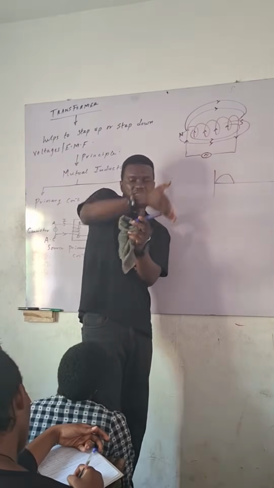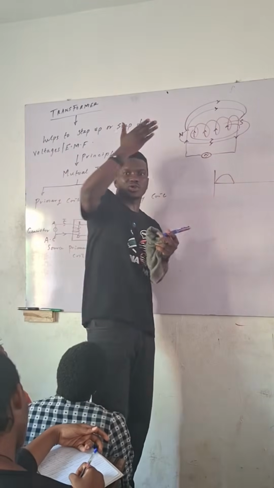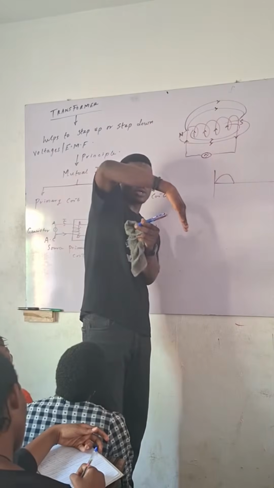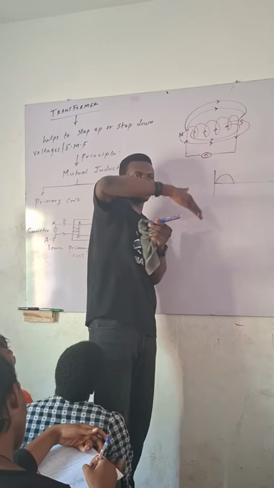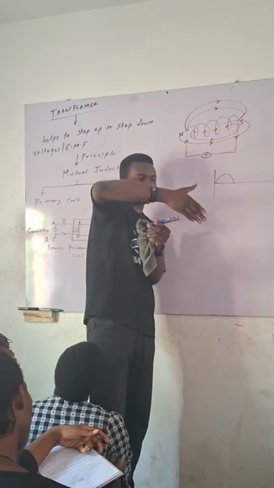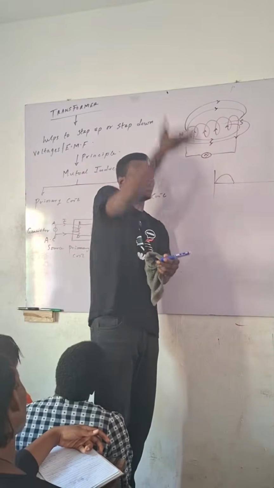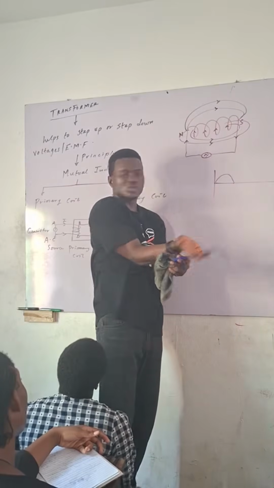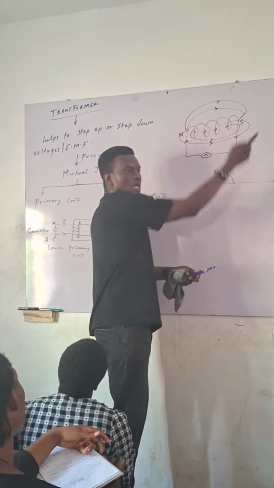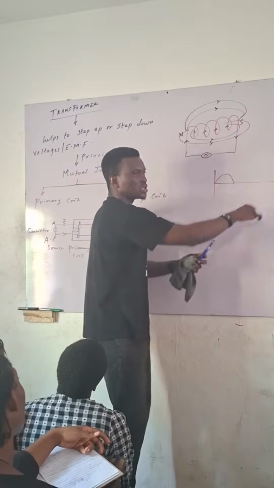Then at the stage that is high, it was like this. All the flux was cutting through. So as you keep changing the flux, the voltage will be a bit high. Then when it is all the flux, the voltage will be at the maximum. Then when it's going back again, voltage will be zero. That's why this graph keeps looking like only increase, only decrease, only increase.